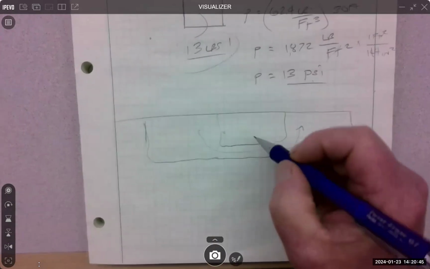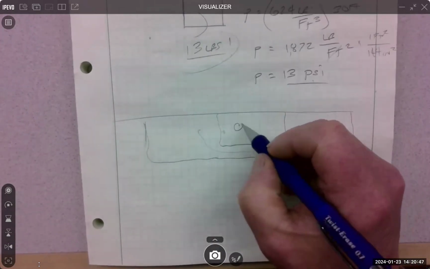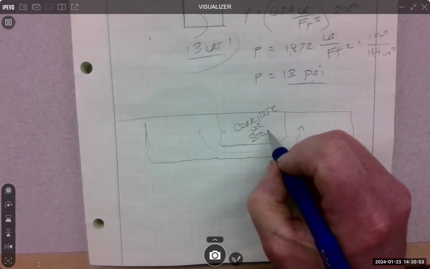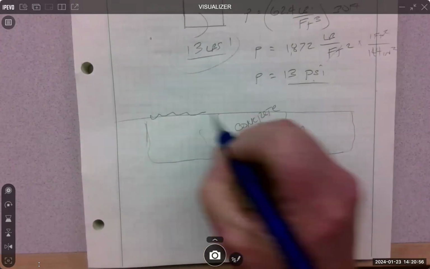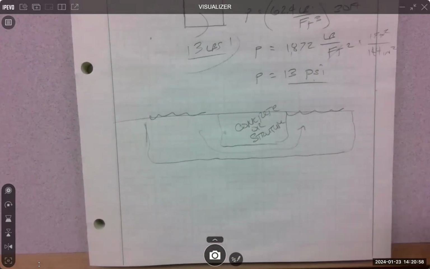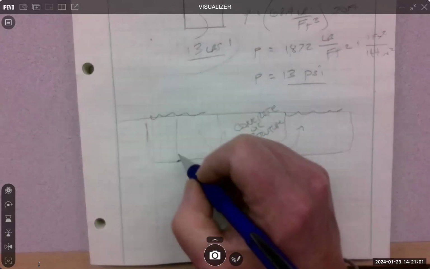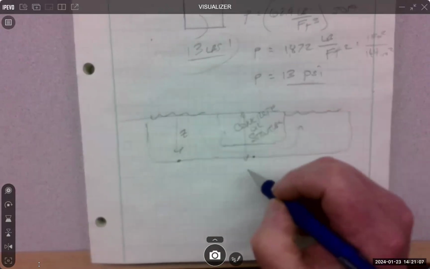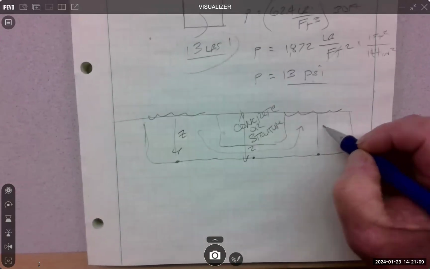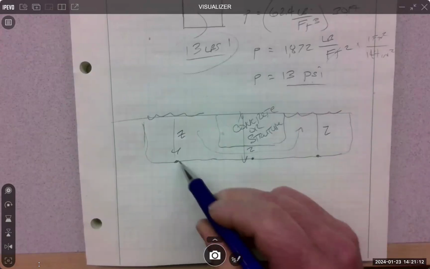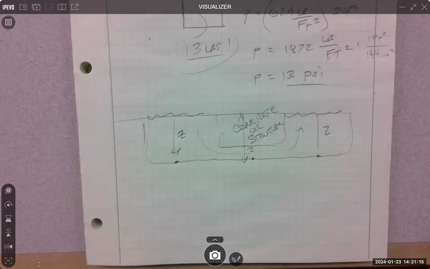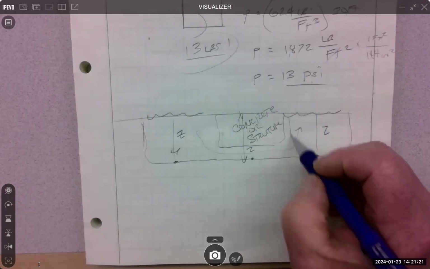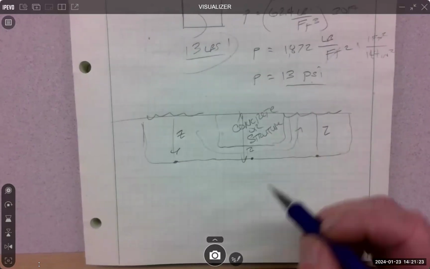This is concrete or structure, and this is water, water. Now, the pressure here is at a Z depth. The pressure here is also at a Z depth. And the pressure here is also at a Z depth. These pressures are all the same, regardless of whether that water column is over your direct head or not. That works the same way.